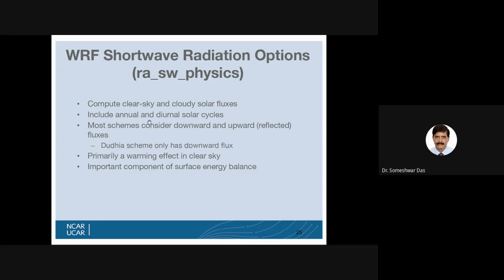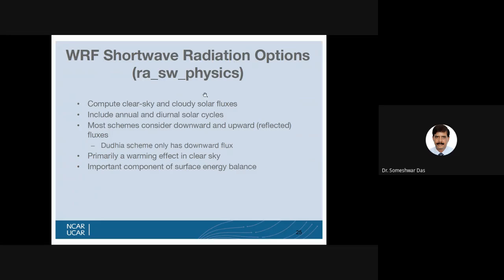Okay, it includes annual and diurnal solar cycles. Most schemes consider downward and upward reflected fluxes. Dudhia's scheme only has downward fluxes, it doesn't have upward fluxes, but other schemes have both downward and upward fluxes. I mean, the short wave radiation produces primarily a warming effect in the clear sky. It is an important component of the surface energy balance.